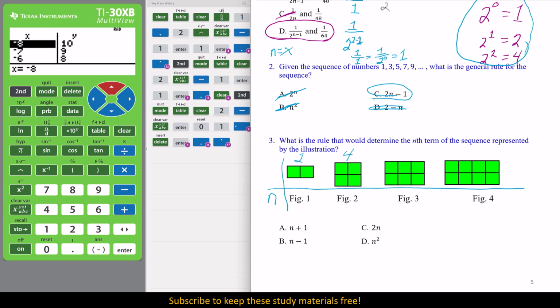We have 2, then 4, then 6, then 8. Okay. Well, it looks like to me in this situation, we can say n times 2. So n is 1. 1 times 2 is 2. That's correct. 2 times 2 is 4. 3 times 2 is 6. 4 times 2 is 8. So I would say 2 times n. So that would be D.